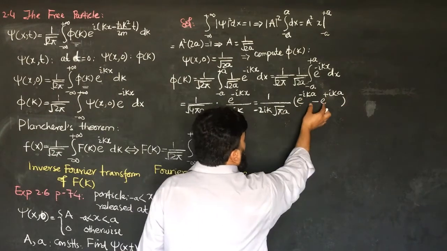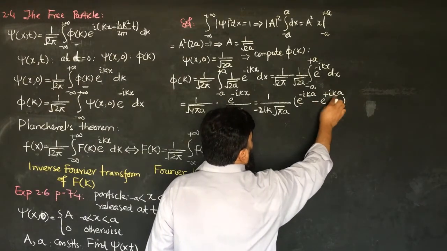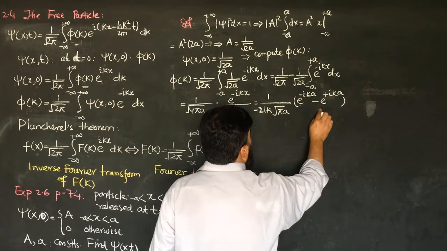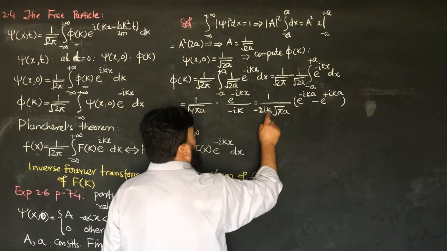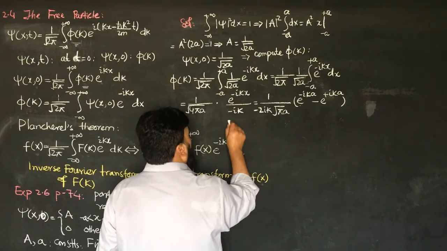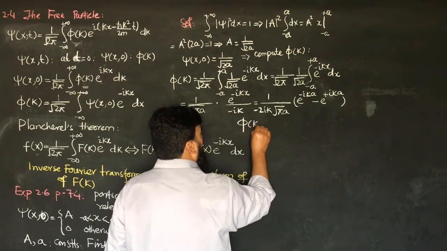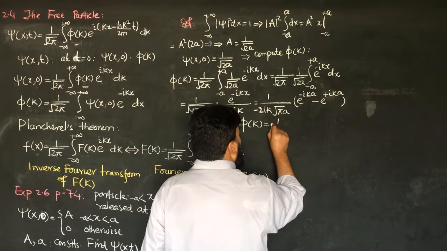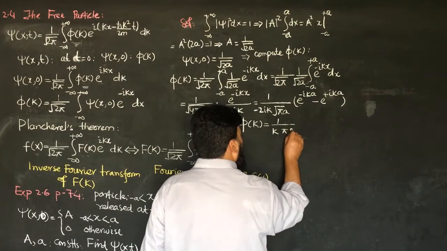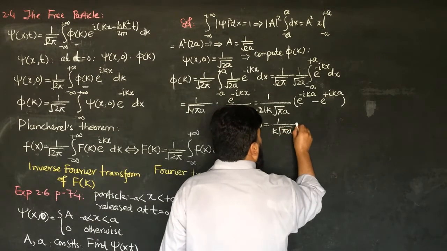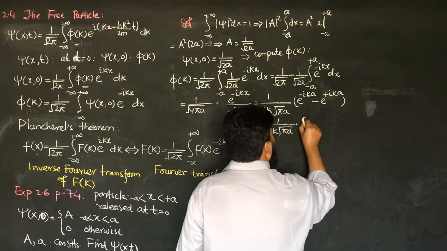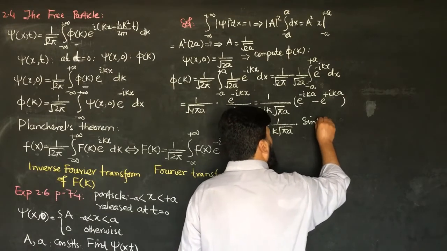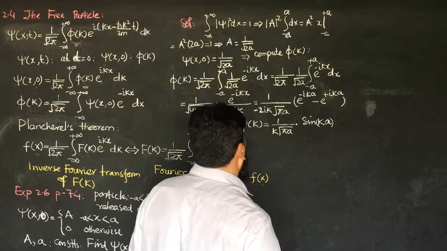So if I write them, e to the i k a minus e to the minus i k a, and I move this 2i here, so the minus will cancel and 2i will be utilized there, and I can write that phi of k is equal to 1 over pi a, and this will become sine of k a, according to the relation that we have written earlier, the Euler formula.